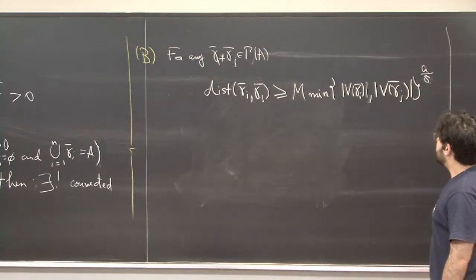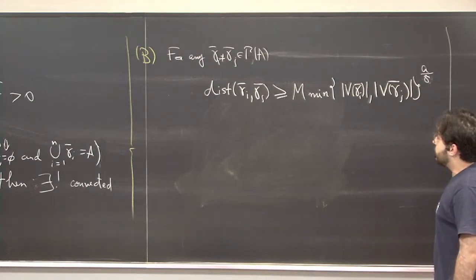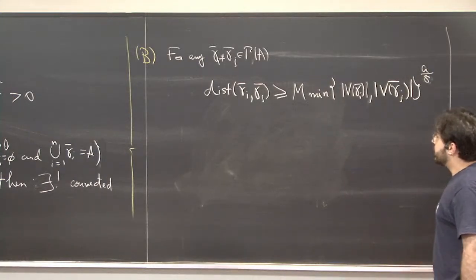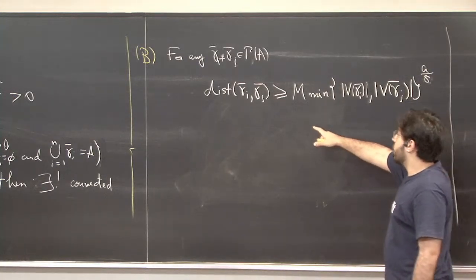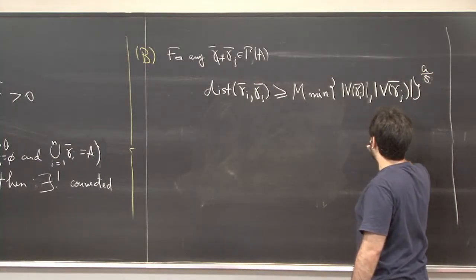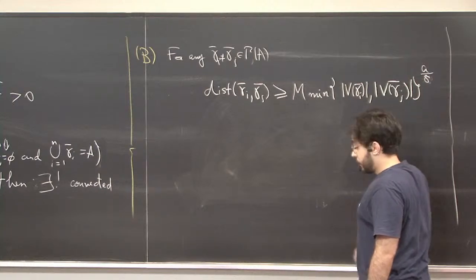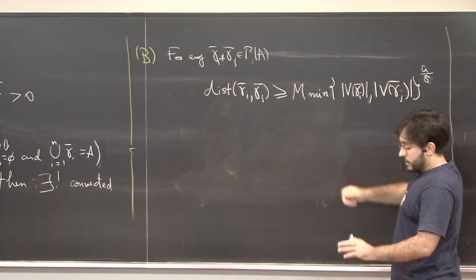And what this is saying is that if some part of the set has a volume that is too large, then it cannot be close to other components.